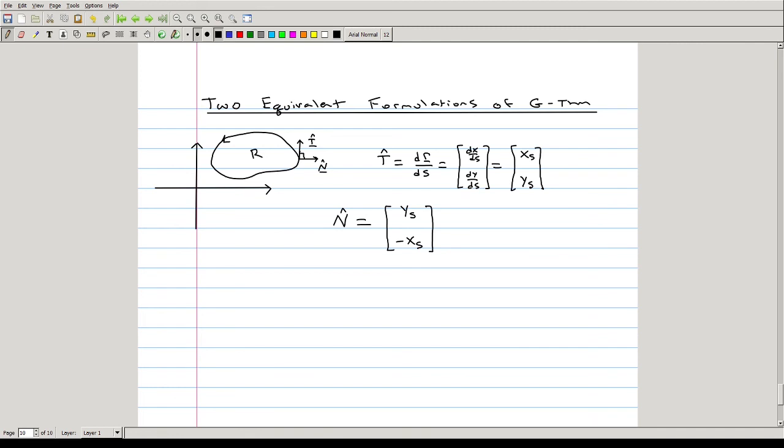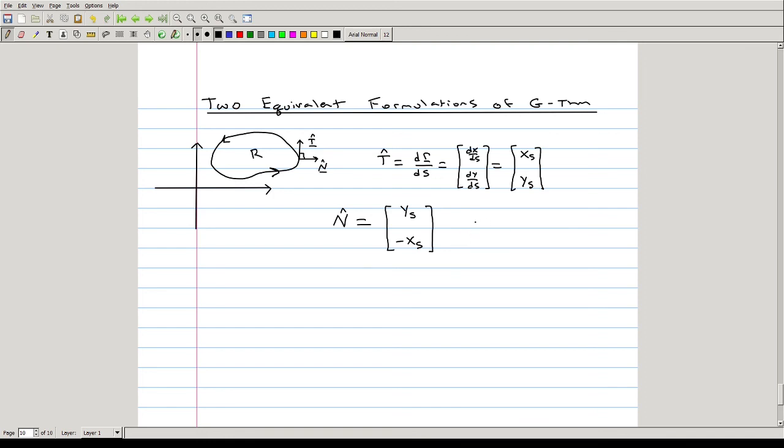Remember, our orientation here is counterclockwise. So the vector (y_s, negative x_s) will be at a 90-degree angle, perpendicular to t hat, in the direction of the outward normal.